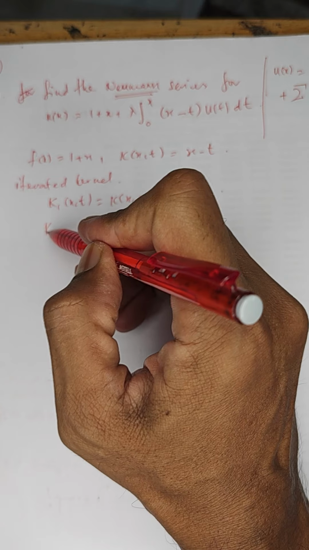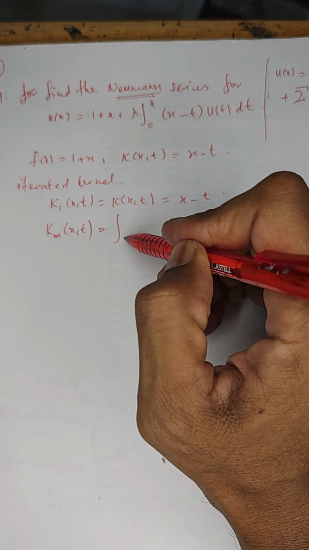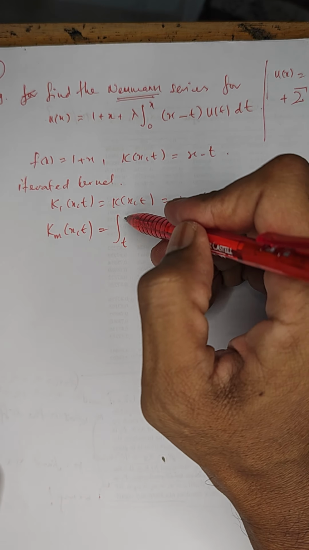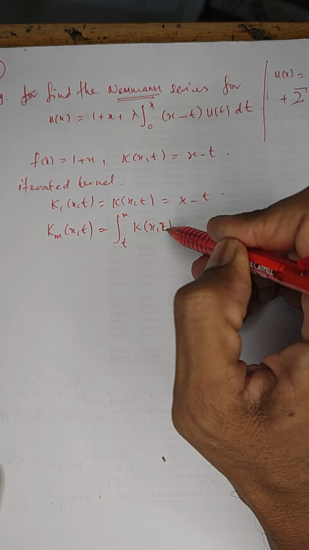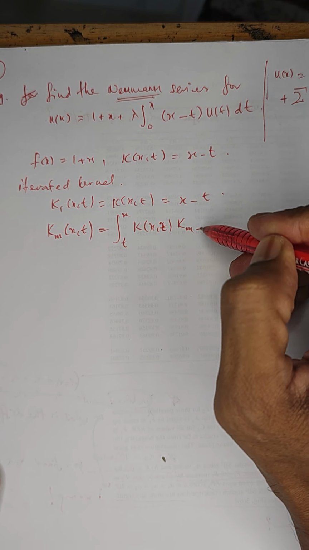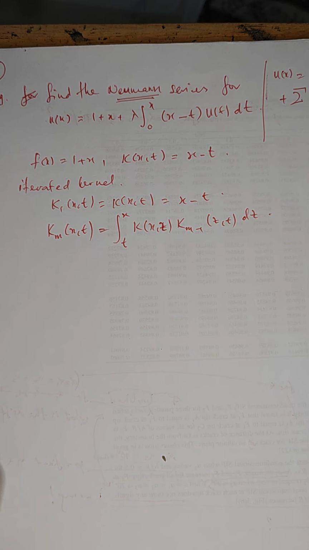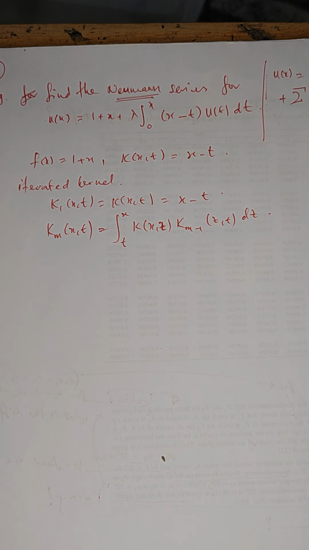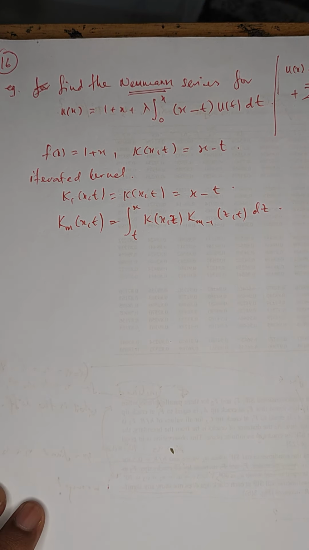And to find the m-th term of the kernel, we have integrate t to x, K(x,z) K_(m-1)(z,t) dz. Using that formula, we try to find K_2, K_3 until we obtain the general form of the kernel.